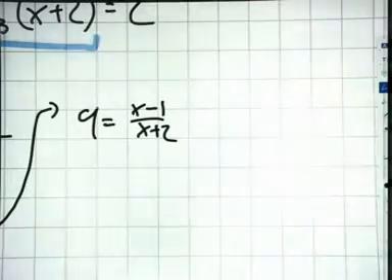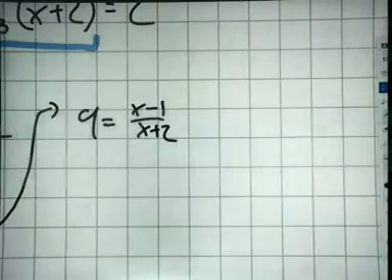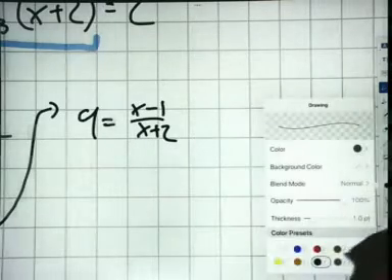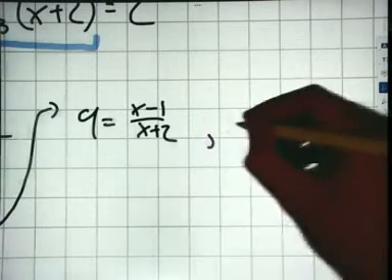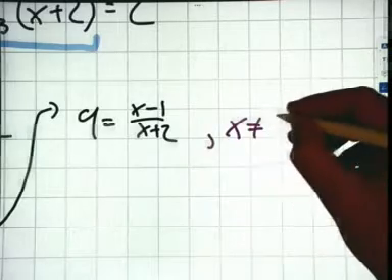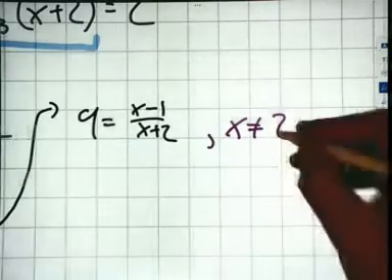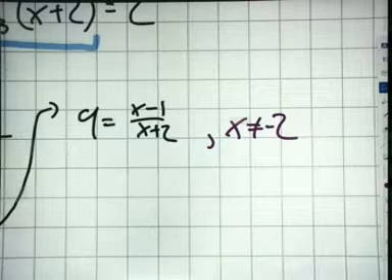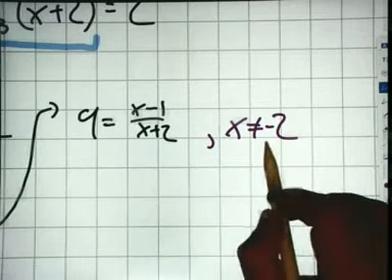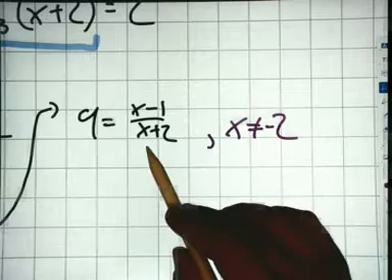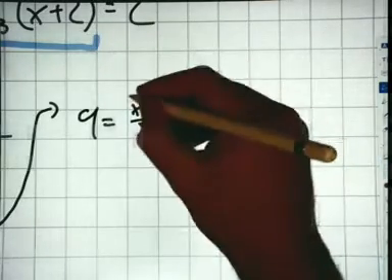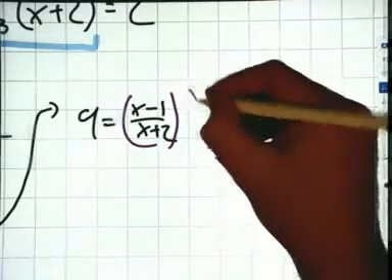Well, before I start solving this, I'm going to make a quick note to declare that x cannot be equal to negative 2. Of all the possible answers, x cannot be equal to negative 2 because if you plug in negative 2, you get 0 in your denominator. So how do we solve this? Well, I would multiply both sides by x plus 2.